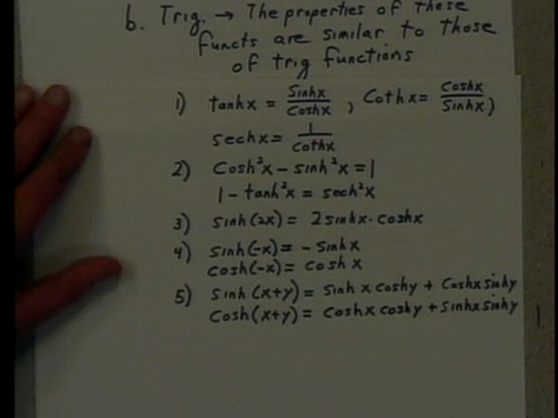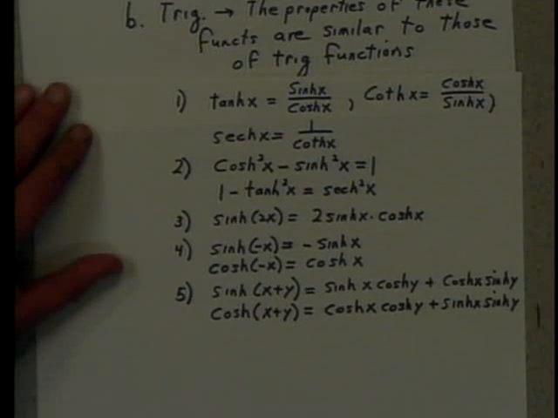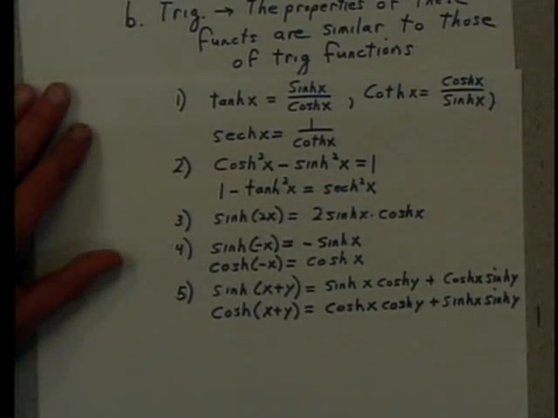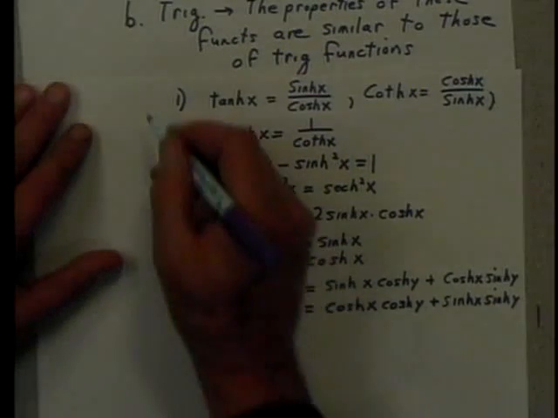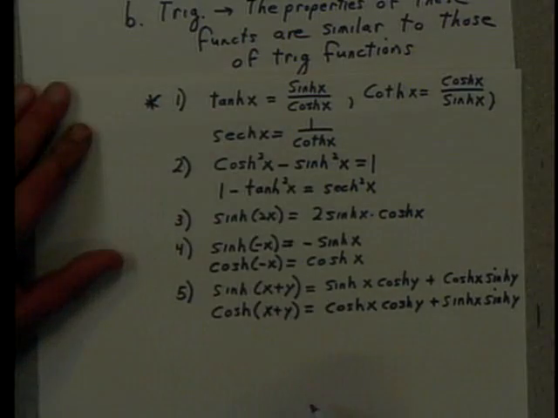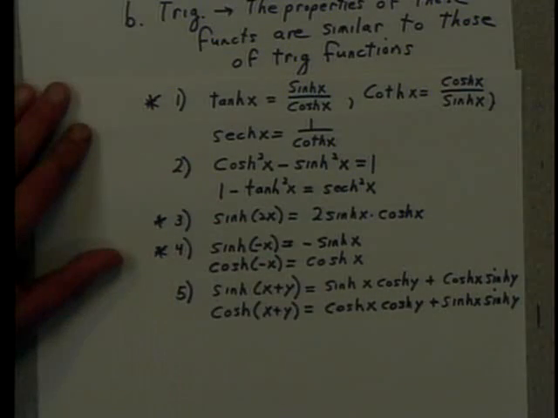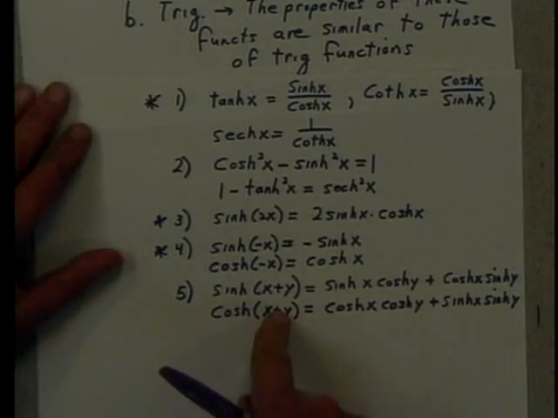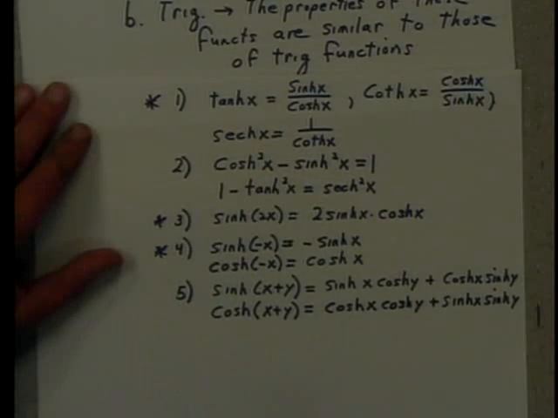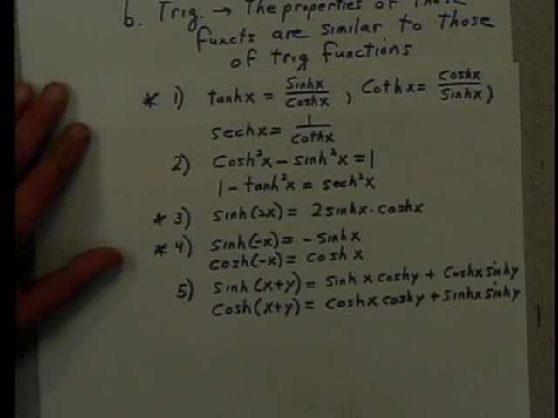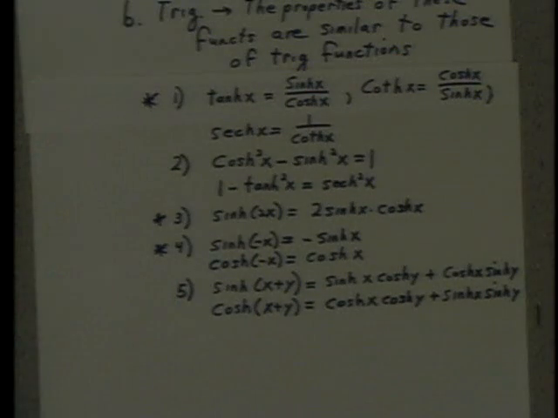If you need more properties, they're in the book, but these are the basics that you need. I just summarized those. So, what are identical? The first one, the third, and the fourth are identical to the trig versions. 2 and 5 have slight changes on cosh at the bottom. Okay? All right.